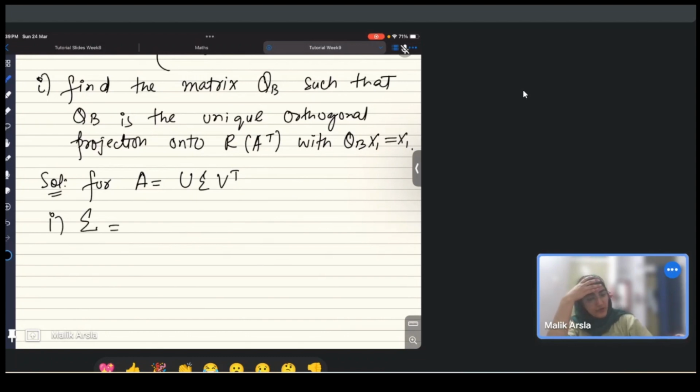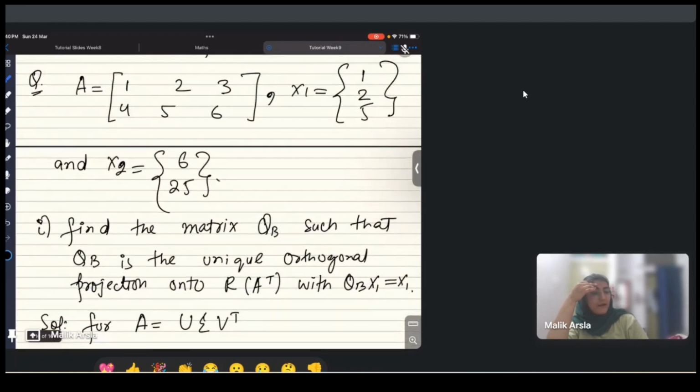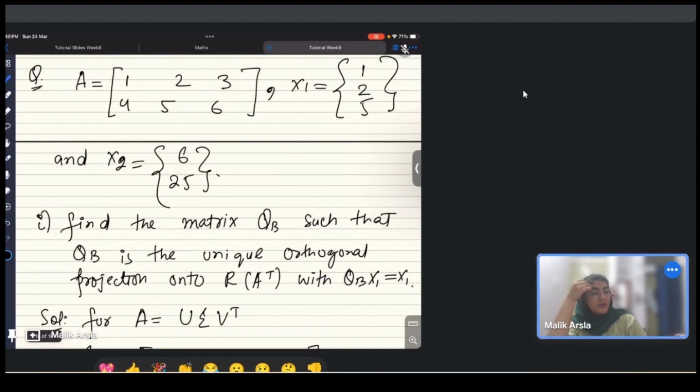So tell me what are you getting? How will we find sigma? Nothing but the eigenvalues of A we have to find out.